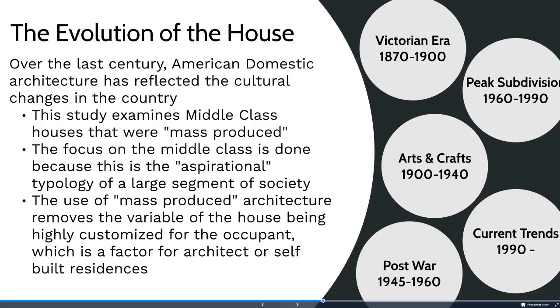These houses are very good examples of the culture being embedded into the structure, because these are mass-produced, designed to be evocative for a large segment of society and to capture the aspirational nature of the American middle class.